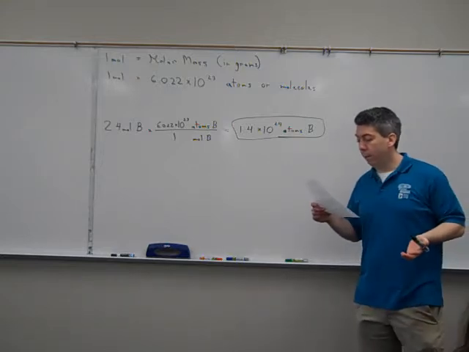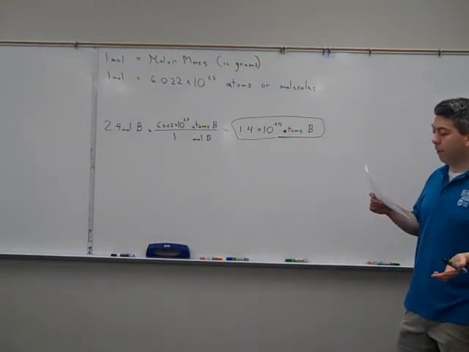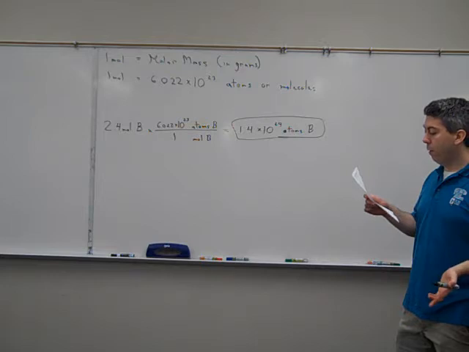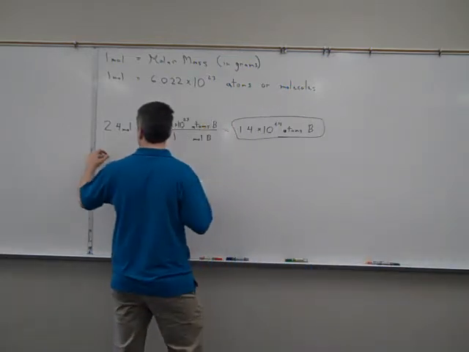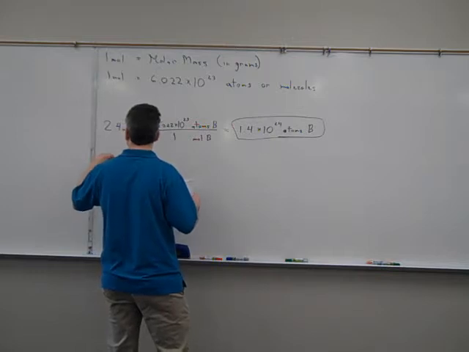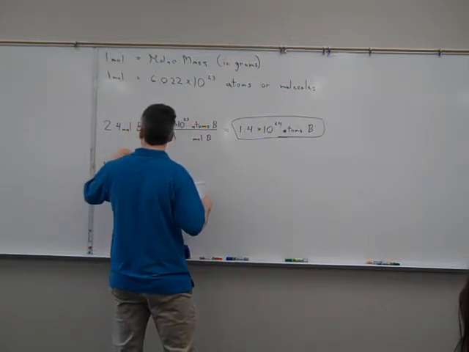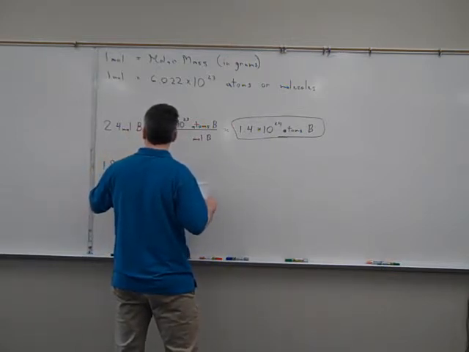Then it says, how many moles are in 1.87 times 10 to the 25th molecules of sugar.